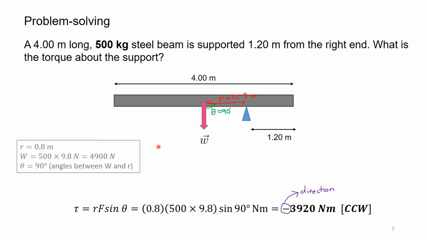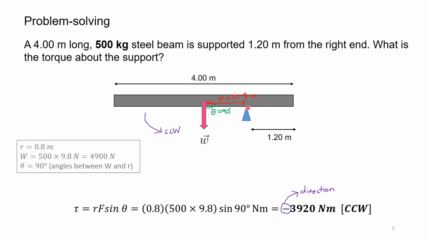So you're pulling down the arrow basically. So if you pull down on this arrow, and the beam is rotating, the beam will rotate counterclockwise. Okay, so the beam will rotate in this direction, which is counterclockwise. So this tells us the direction of the torque produced is counterclockwise, so you put a negative sign to represent this direction.